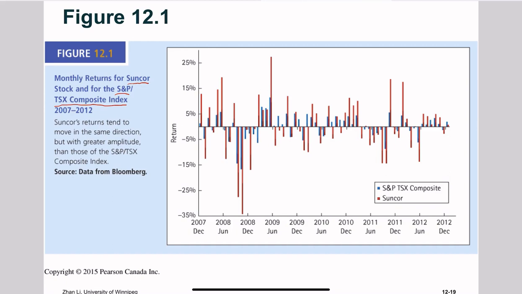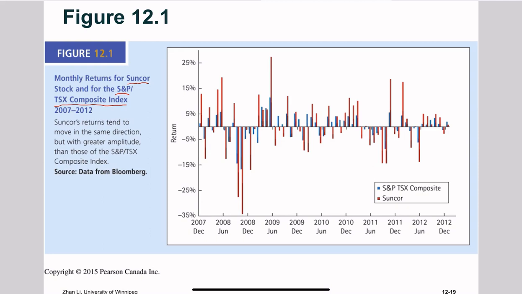So to get this initial idea, what you can do is plot the return of Suncor along with the return of the composite index. So what's this initial impression here? You can see here that basically the red bar gives you Suncor's return. And you can see that the magnitude of the return of Suncor stock is larger than the TSX Composite Index, right?